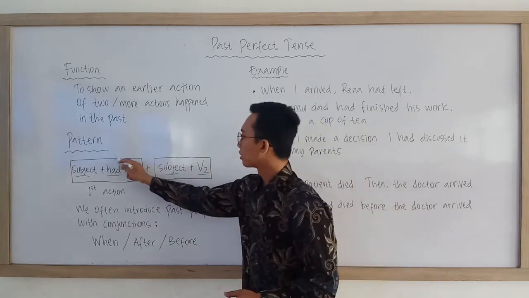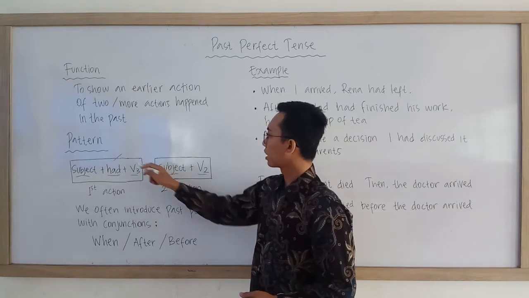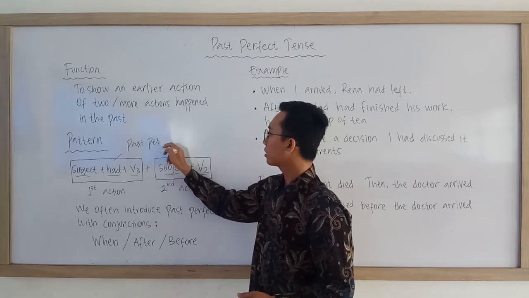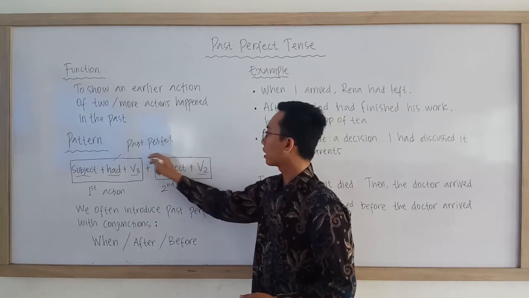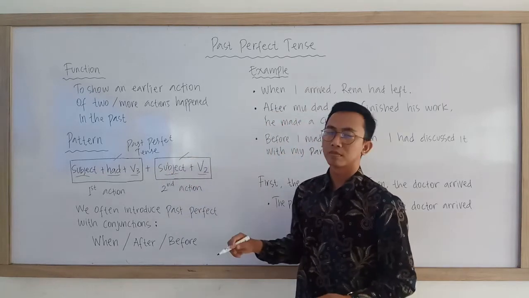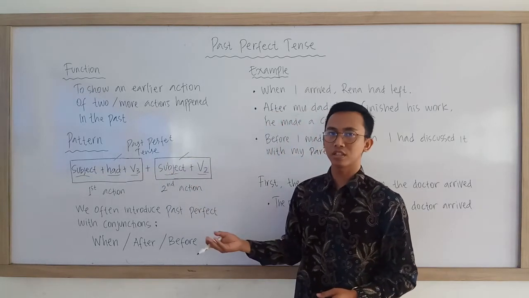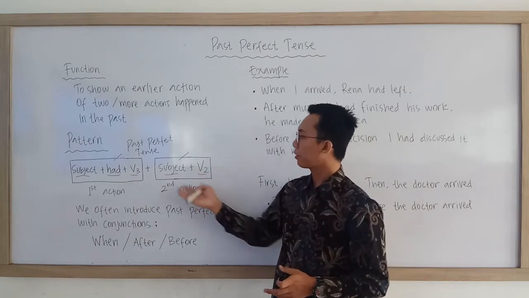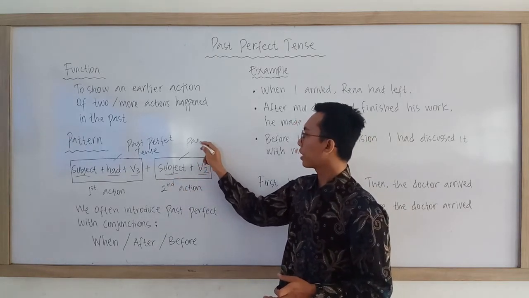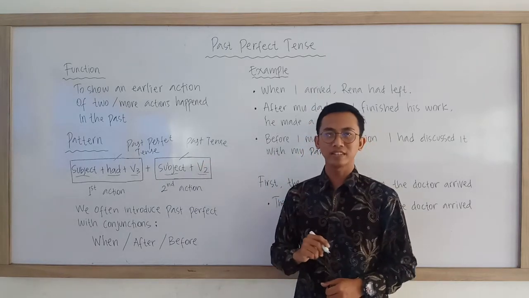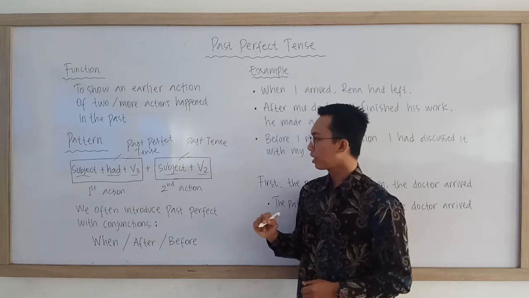Okay? So let's make it clear. This is past perfect tense. And this box, because this is another action that happened after the first action, is past tense. Like that.